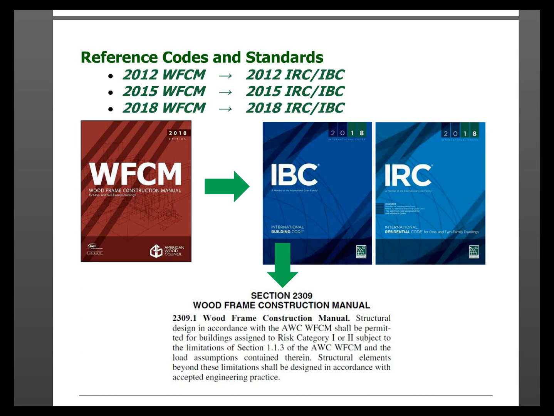But it's been in there for several revisions, and for the International Residential Code, it's pretty straightforward. It's easy to see why a document geared towards one- and two-family dwellings would be referenced in the IRC. The typical IRC reference for the Wood Frame Construction Manual says basically if you design a structure in compliance with the WFCM, it is deemed to comply with the IRC. So that makes things a little easier.